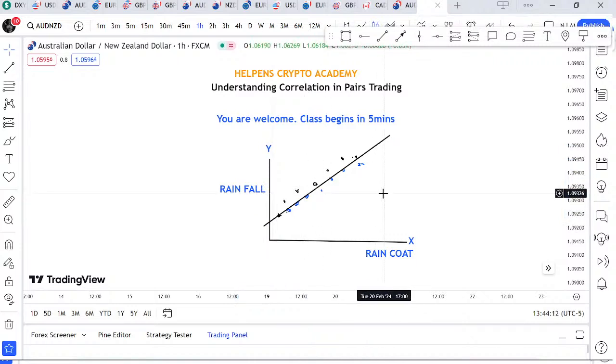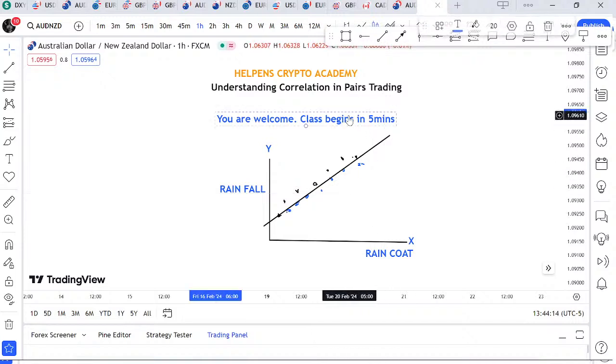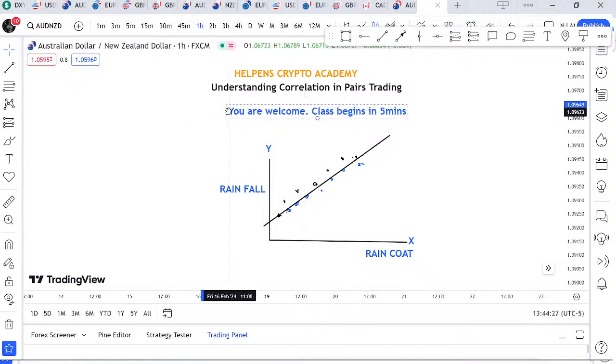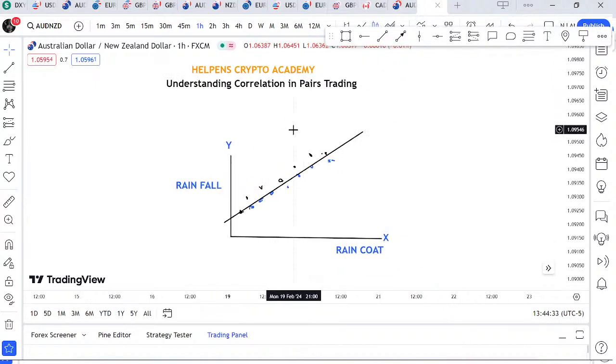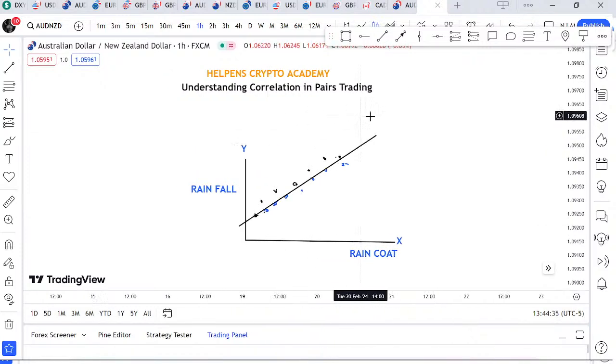So correlation is the tendency of markets to move in the same direction.